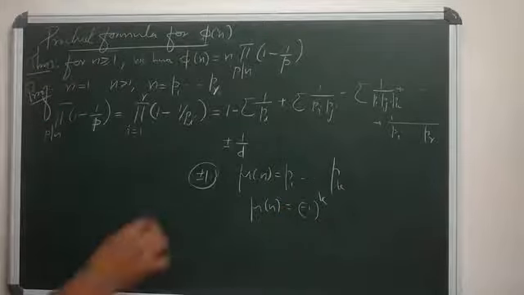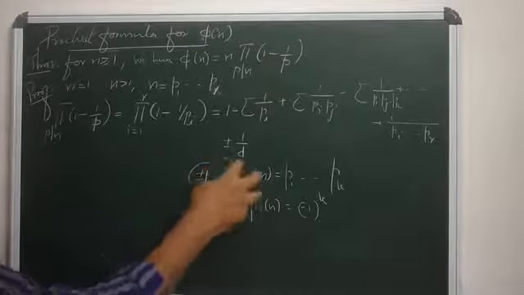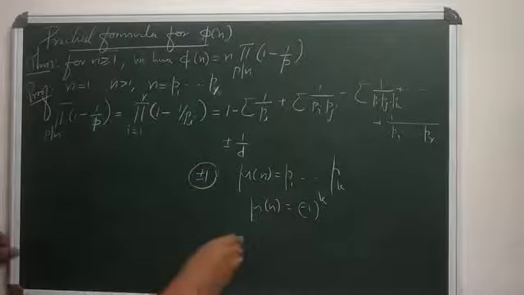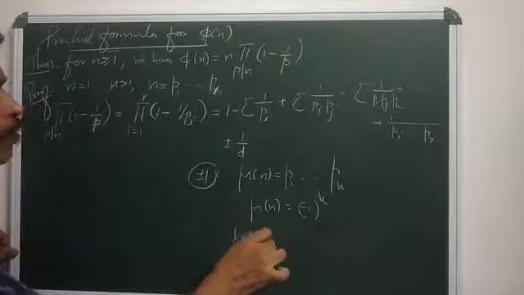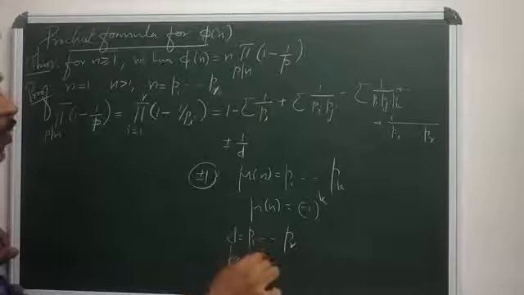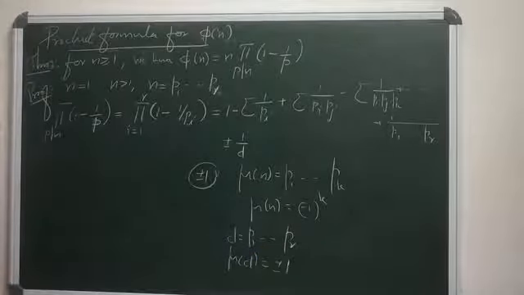Here, this plus or minus 1 is coming from the Mobius function. So instead of n, suppose this d is p1 etc. pr, then mu of d equals plus or minus 1.